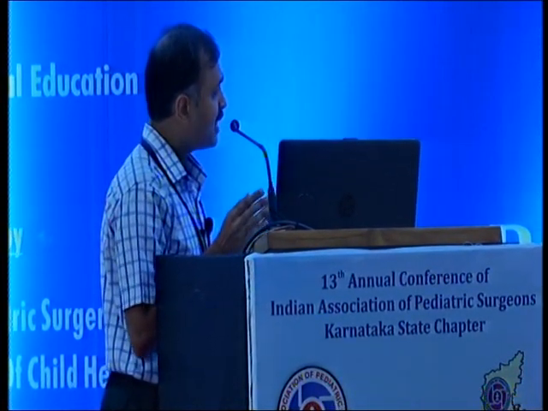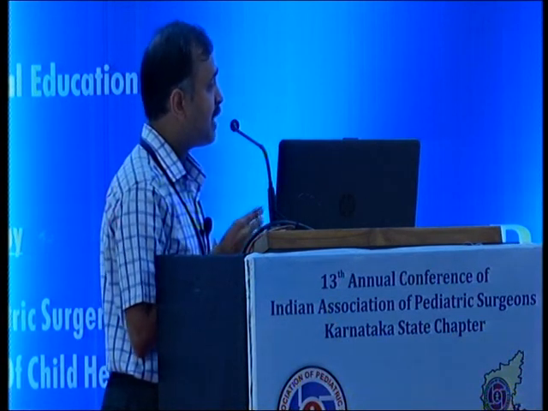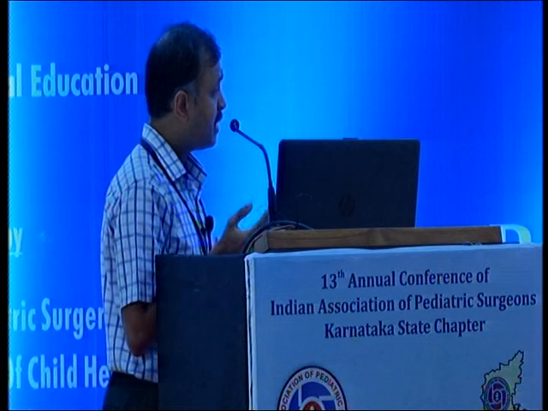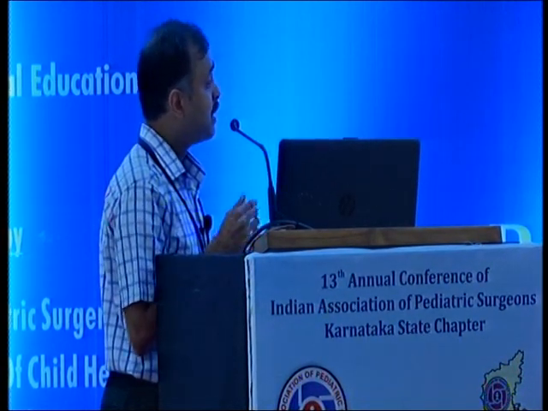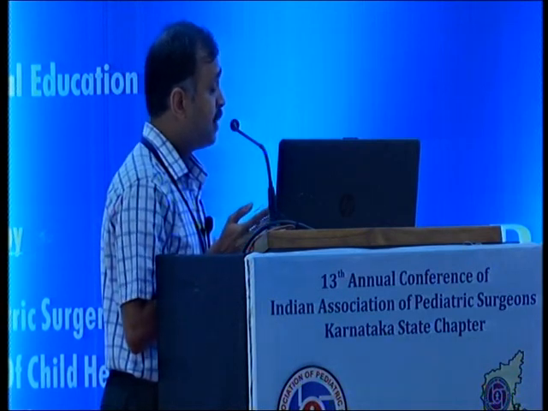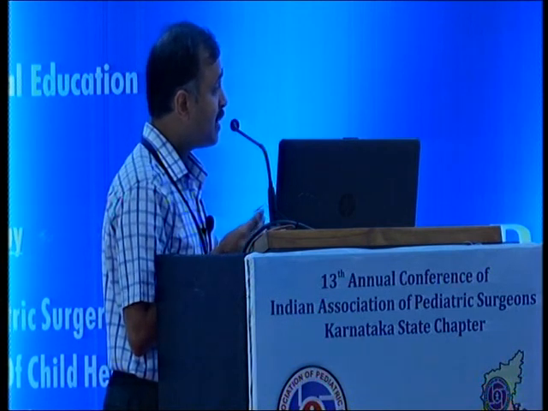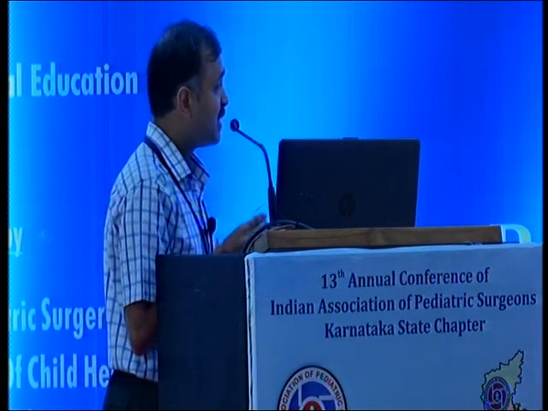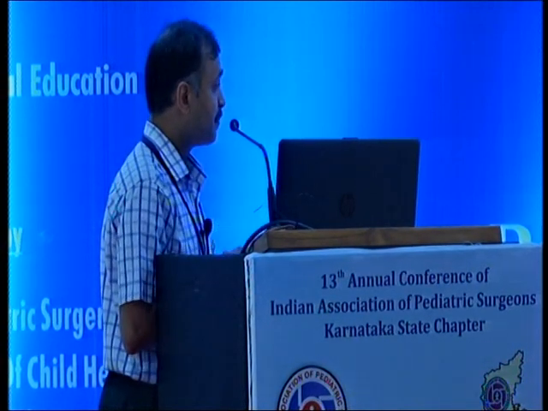They saw that even 1 aliquot of packed cell transfusion led to the development of an NEC-like picture in such children. They are not sure how to avoid that, but as far as possible we will try to minimize any kind of transfusion in premature infants unless it is absolutely required.